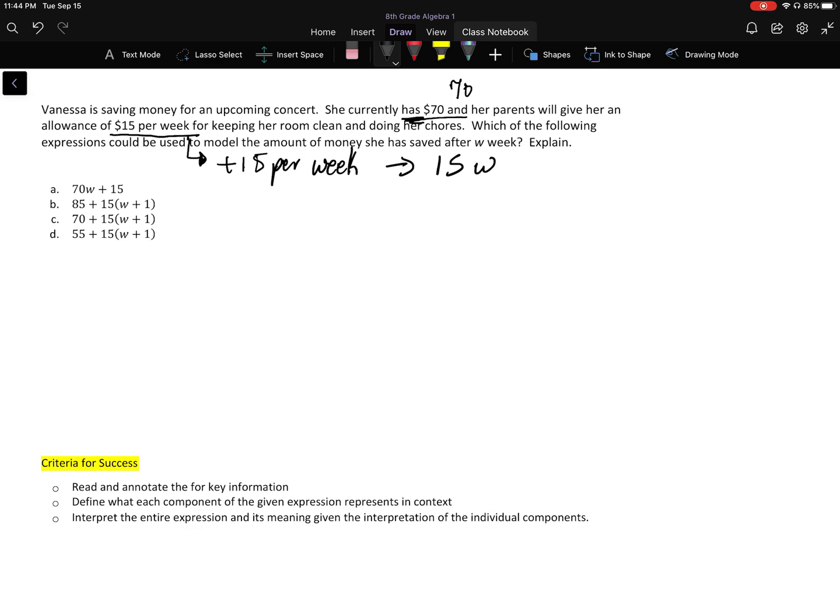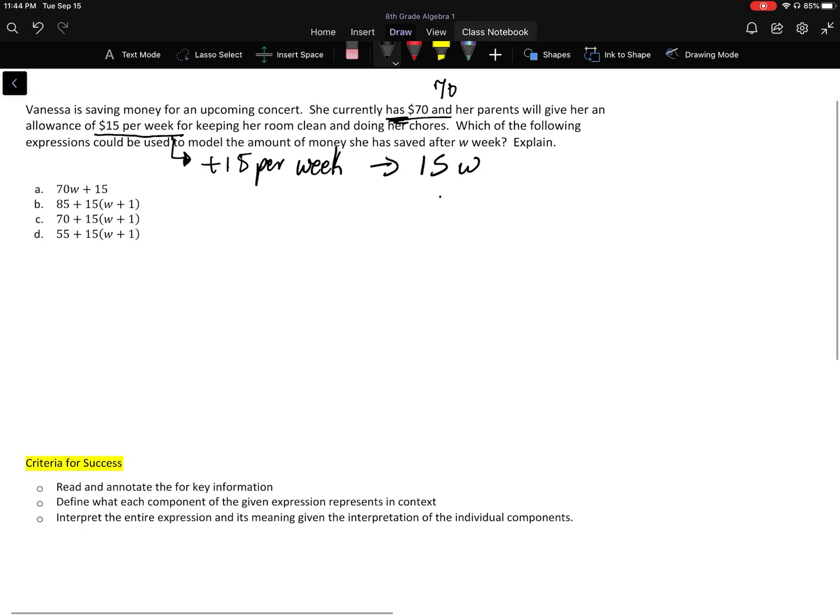So off the bat, we know that the amount of money she's going to have after W weeks is the $70 that she has plus the $15 per week that her parents will give her for her allowance. So we have 70 plus 15W.